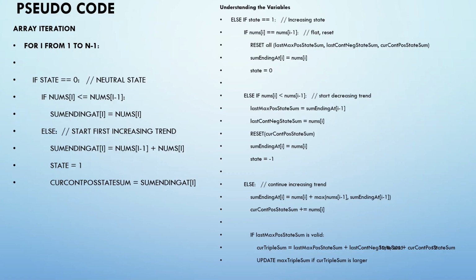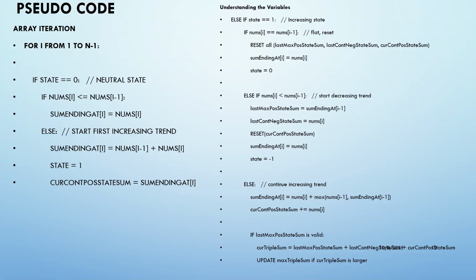And since we are getting an increasing trend again in the increasing state, there is a possibility that we will find our Trionic subarray. So how will you validate that you have a Trionic subarray ending at a particular index?